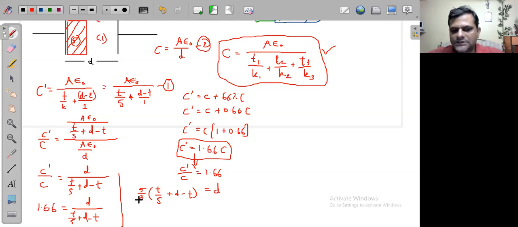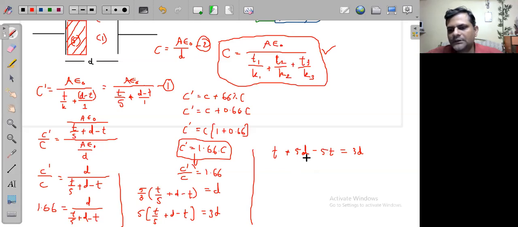So if we take this 3 to that side, we get 5 into T by 5 plus D minus T equal to 3D here. In the next step, it will be simply T plus 5D minus 5T, and that is equal to 3D.